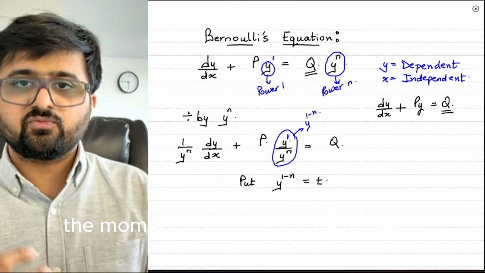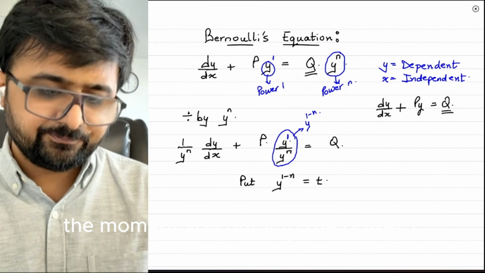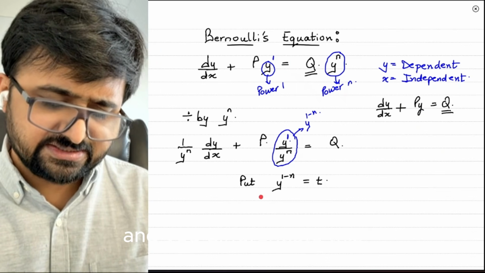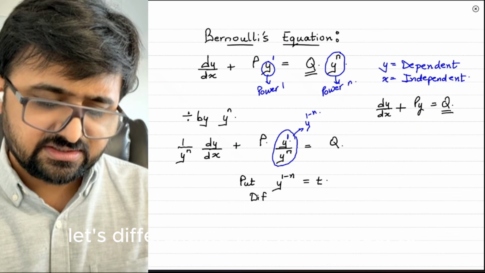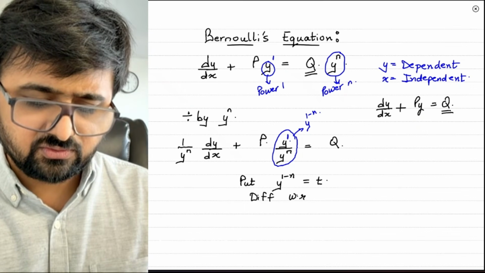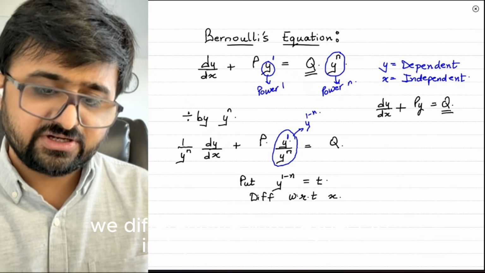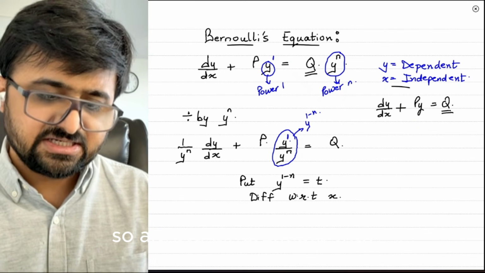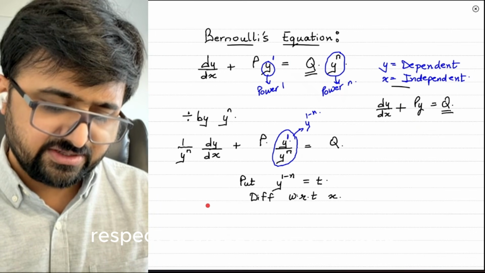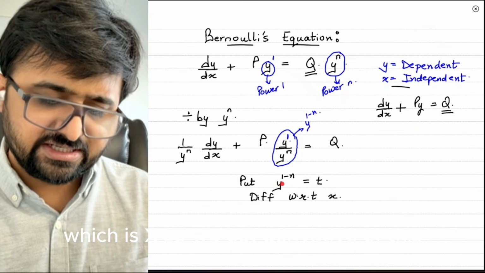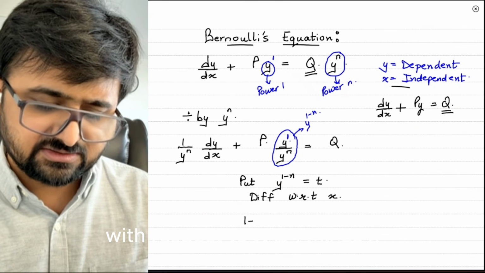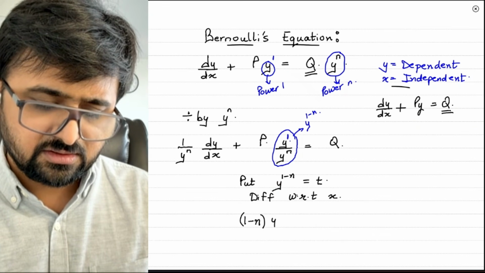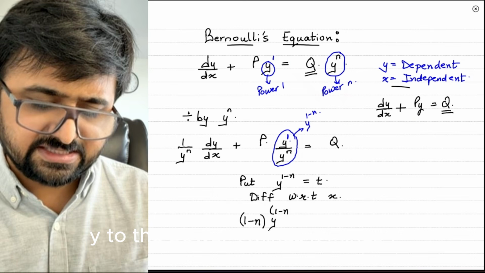The moment you put y to the power 1 minus n as t, let's differentiate this with respect to, remember, always we differentiate with respect to the independent variable. Independent variable in this case is x. So we get the derivative of this with respect to x as 1 minus n, y to the power 1 minus n minus 1.